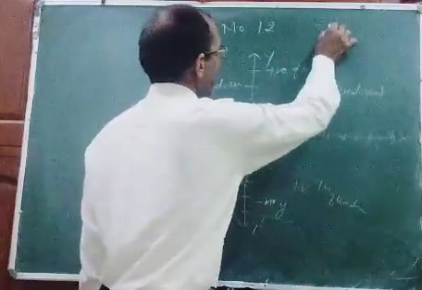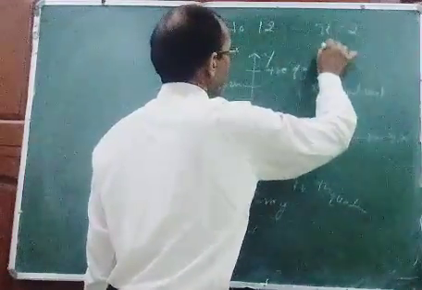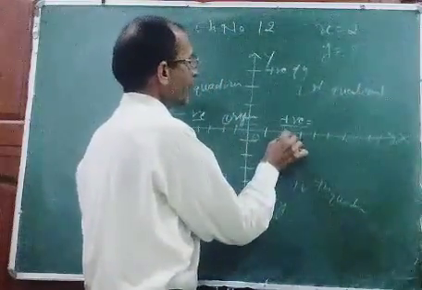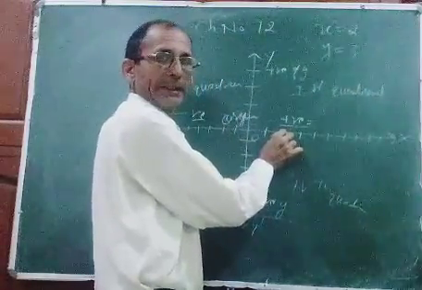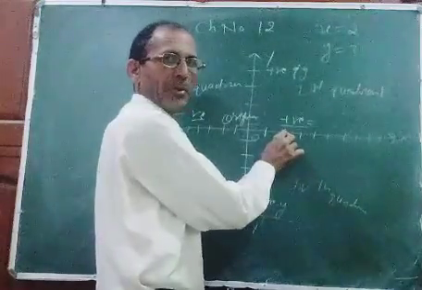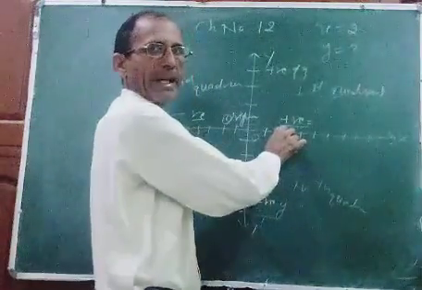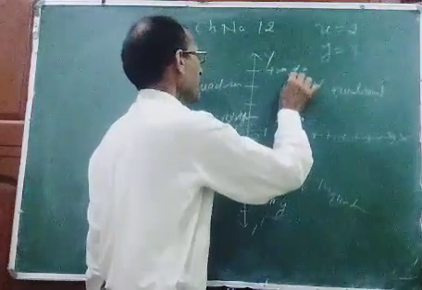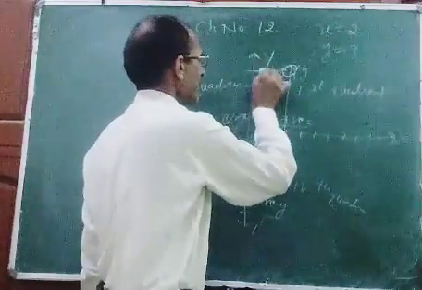Suppose x is 2 and y is 3. So 1, 2. After taking the value of x, we have to take the corresponding value of y. So y is 3. 3 is positive, so positive will be upward.